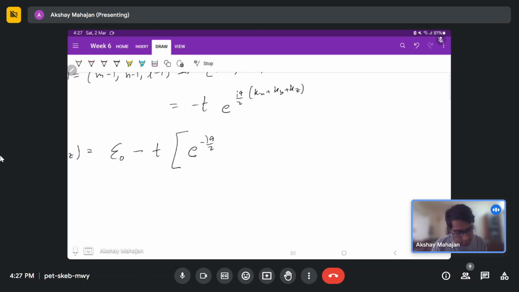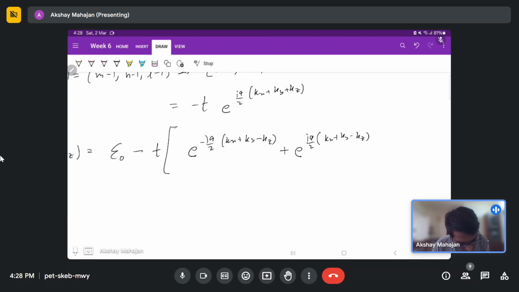I will just write e to the power minus iota a by 2 (kx plus ky minus kz), and correspondingly we will have the complex conjugate of it, e to the power iota a by 2, from the m plus 1 neighbor, and then for the m minus 1 neighbor we will have a complex conjugate, which is e to the power iota a by 2 (kx plus ky minus kz).